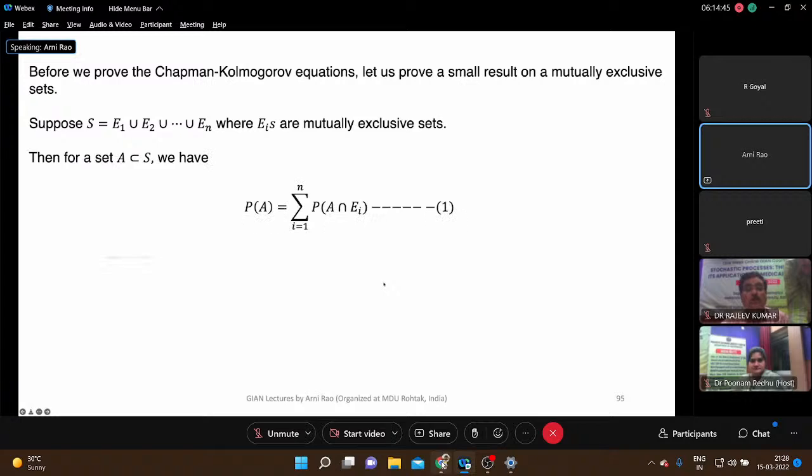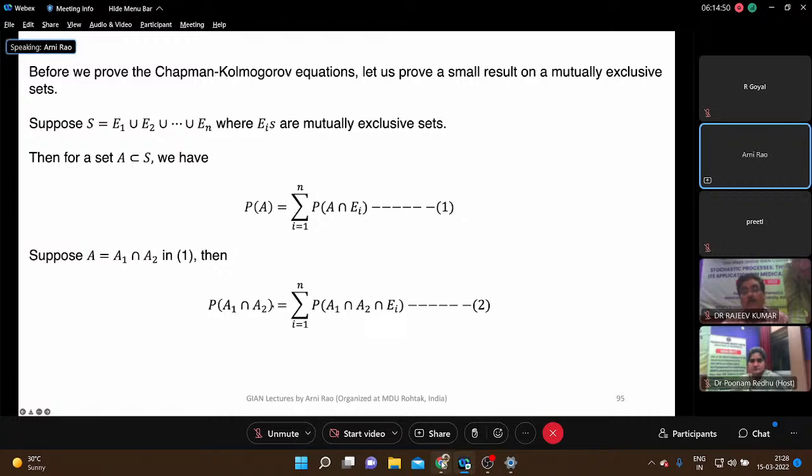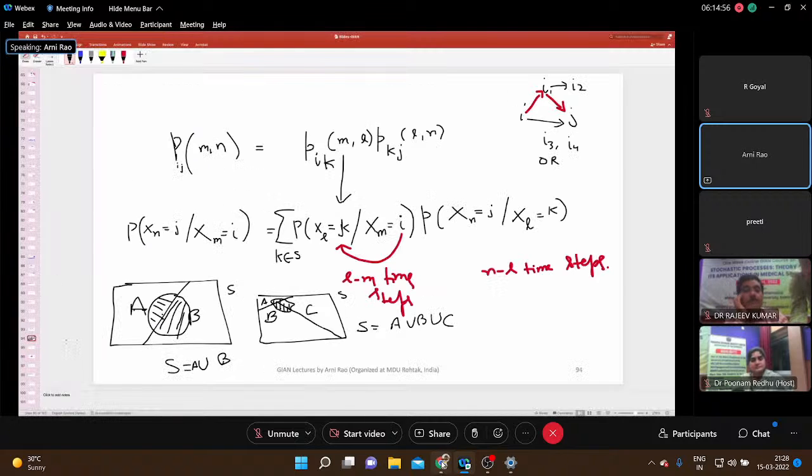So probability of A1 intersection A2 equals probability of A1 given A2 multiplied by probability of A2.